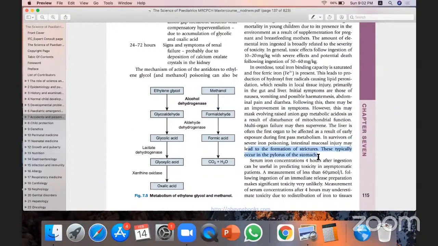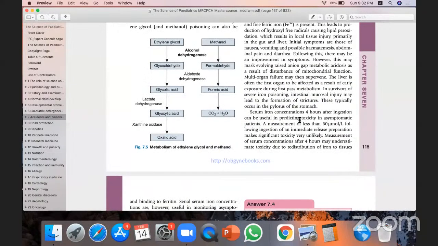This is the late complication of stricture. Primary complication is hemorrhage. Then we measure the serum iron. If serum iron is less than 60 micromole, significant poisoning is very unlikely. So remember this point.